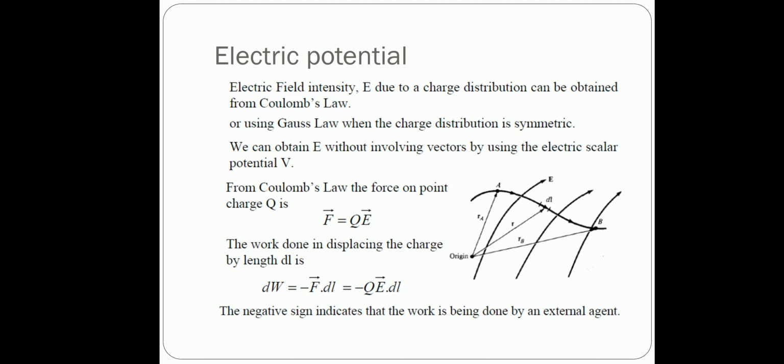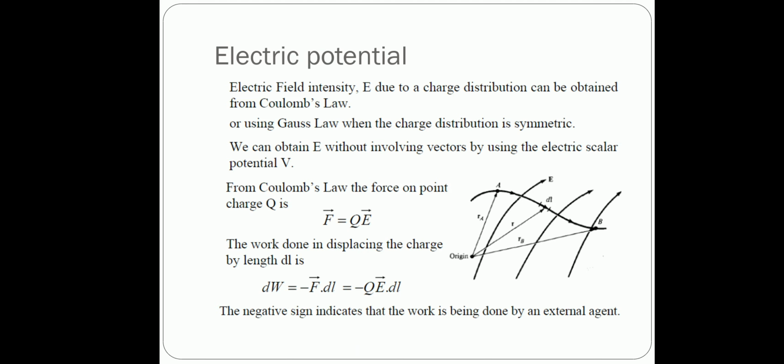According to Gauss law, Q is equal to the surface integral of D dot dS. From that D you can easily find the electric field intensity. Similarly, from Coulomb's law you can find E using the equation F by Q, because Coulomb's law gives the force between two charges.